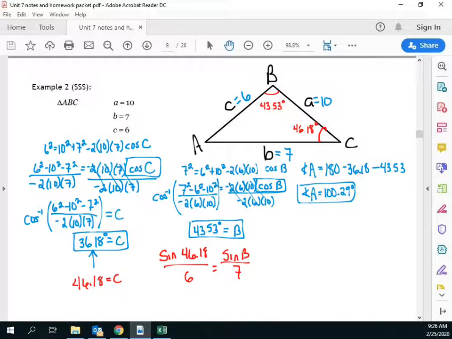What's the problem there, guys? Sine of 46.18. Why is that a problem? Because it's not right. I'm using an answer that's incorrect to find new answers. So guess what happens to the rest of this triangle? It's all wrong. Everything's wrong.